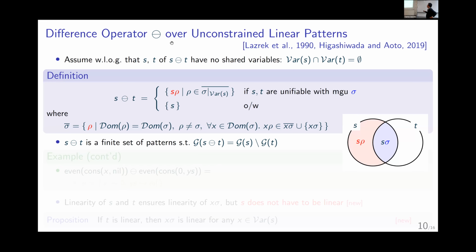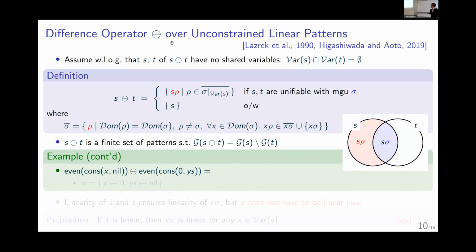And using this sigma, we compute the complement part of this part. So rho has the same domain as sigma, but they are different. And then for each variable X in the domain, we put in rho a pattern of the complement of X sigma. So I explain using an example.